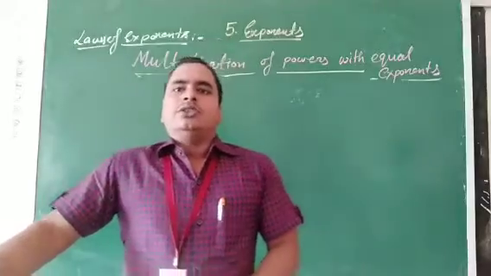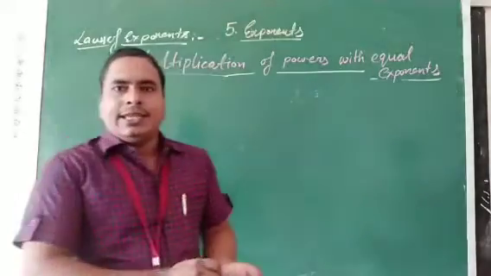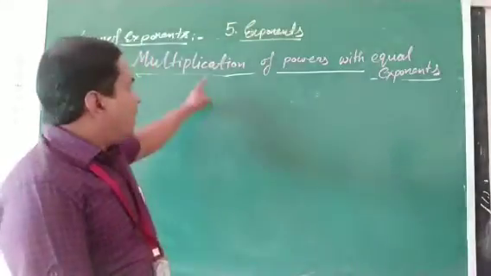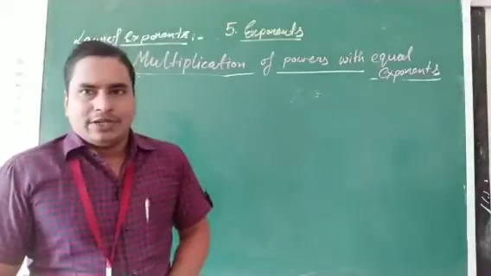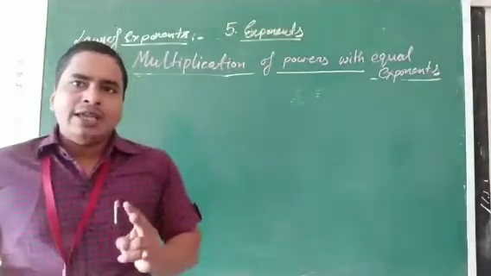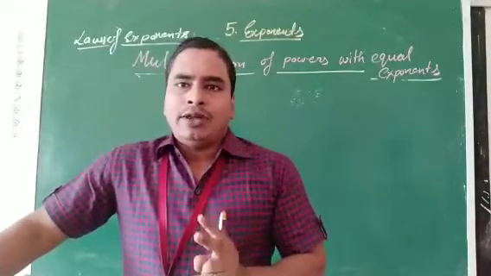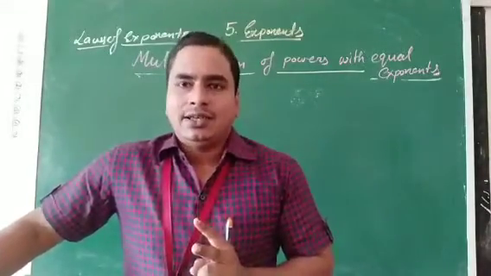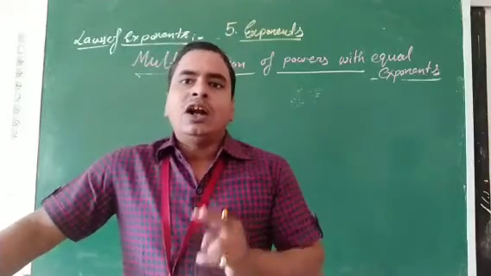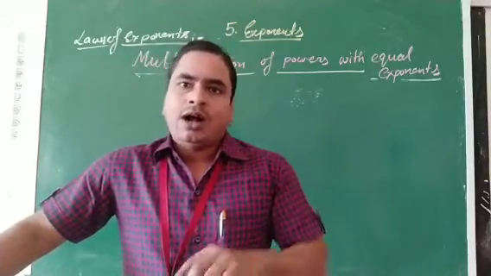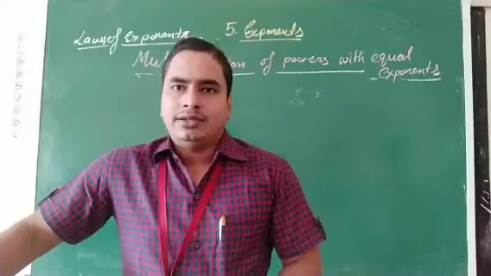So today we will discuss the next rule or law: multiplication of powers with equal exponents. If we multiply two powers with equal exponents but different bases, what will be the result? How can we find it?